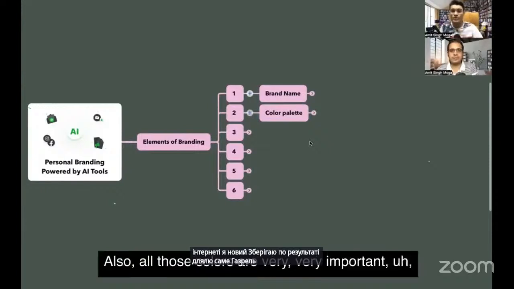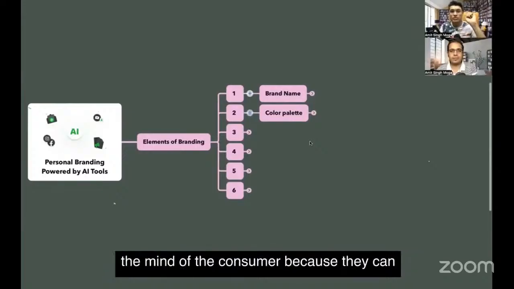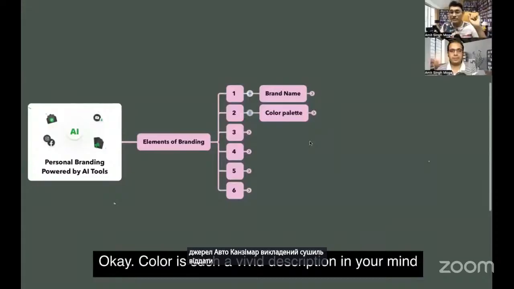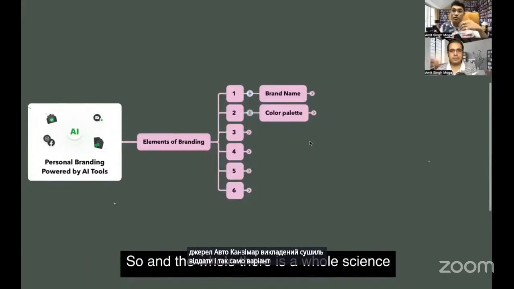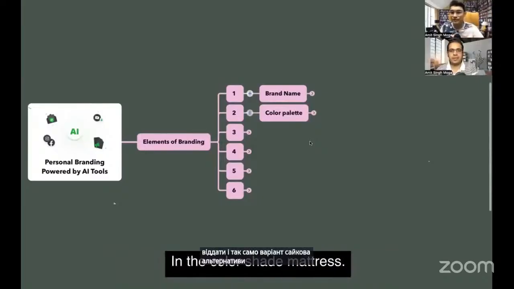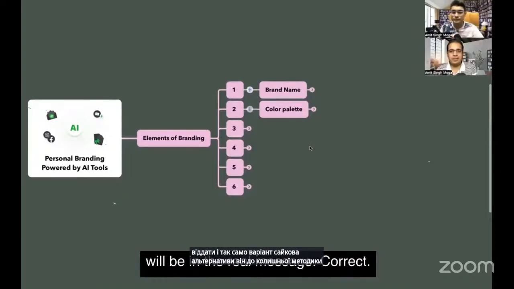All those colors are very important because they give a very prominent description in the mind of the consumer, who can associate the name with that color. Color is such a vivid description that it attracts a lot of attention. And there is a whole science, the psychology of color, which we will discuss. Even the color shades matter, so you have to pick exactly the particular color that will give the real message.